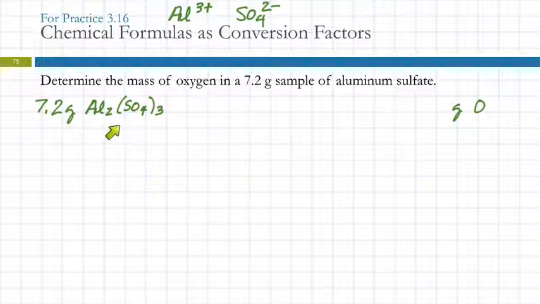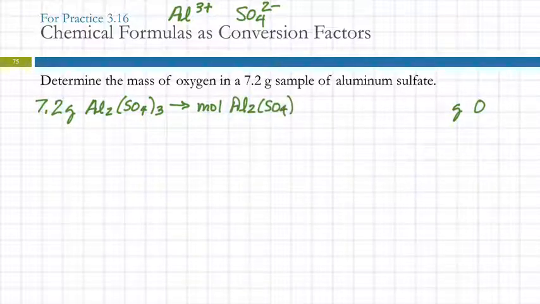This formula gives us relationships between oxygen and the compound in terms of moles. So we have to go from grams of the compound to moles of the compound, because then the formula tells us how to get to moles of oxygen, and then we can go from moles of oxygen to grams of oxygen.